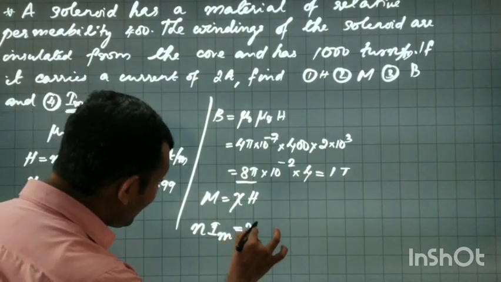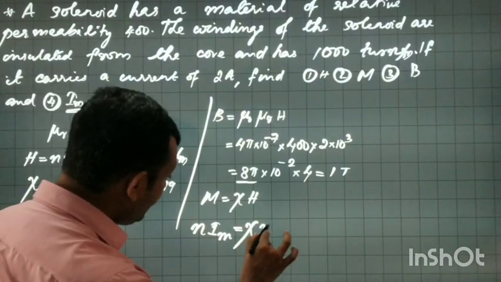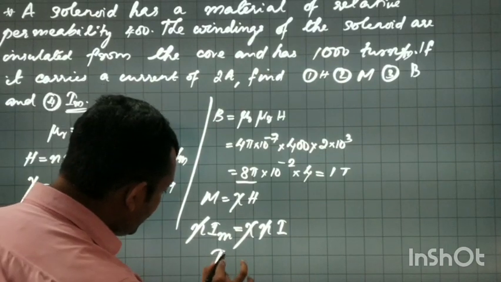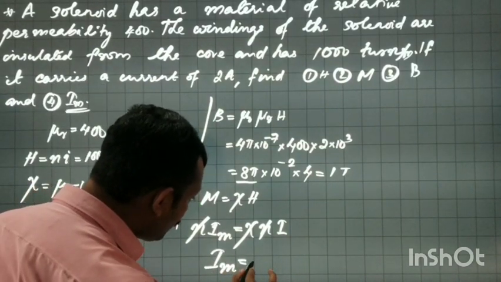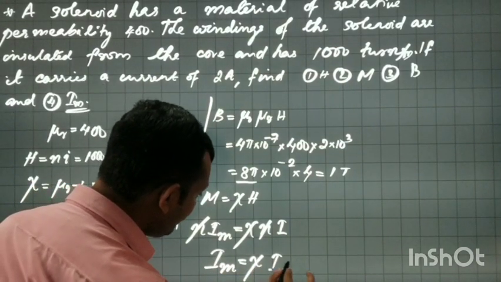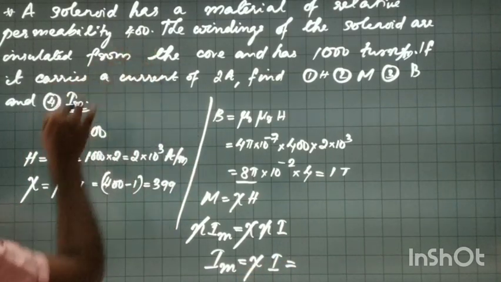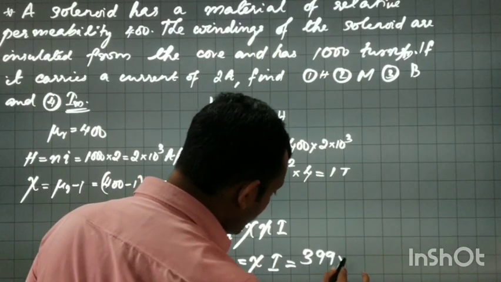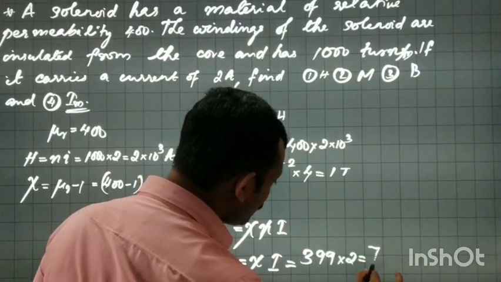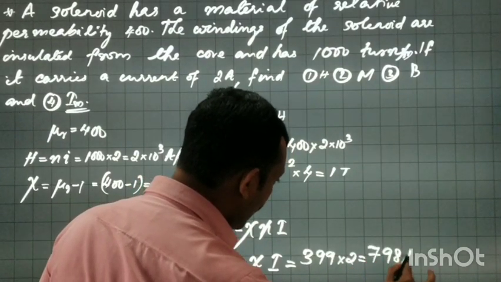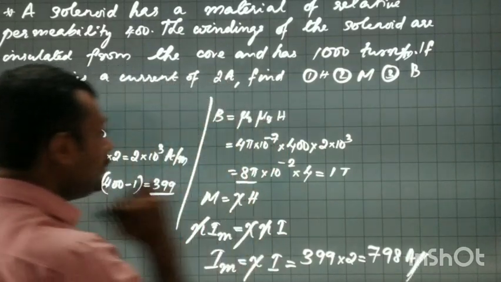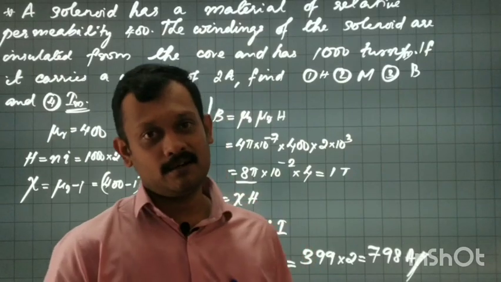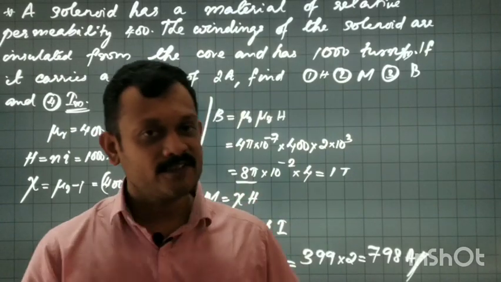This is equal to chi into nI. Now n and n can be cancelled, which means Im is equal to chi into I. Chi is given as 399. 399 into 2, that is equal to 798 ampere. The induced magnetic current is 798 ampere.